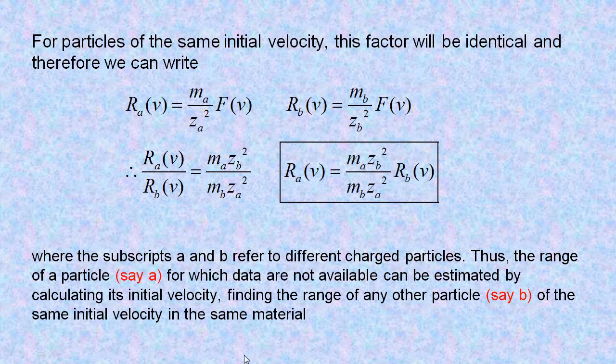That means, if you know the properties of an alpha particle, you can use its data to find those of a proton, provided they are moving with the same initial velocity, not energy, initial velocity.